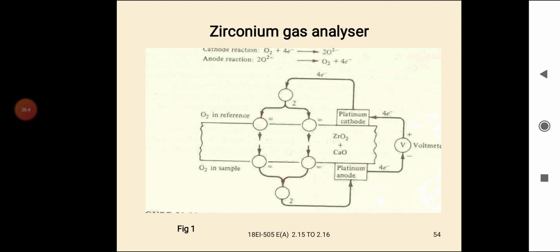At the anode, the oxygen ions become oxygen. The cathode reaction: oxygen plus 4 electrons becomes oxygen ions. Anode reaction: the oxygen ions become oxygen by releasing 4 electrons.